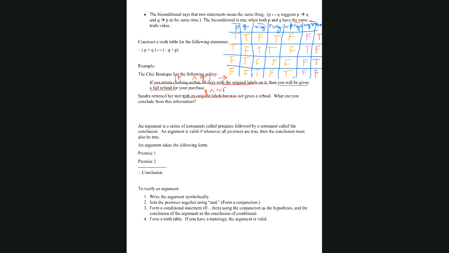So that means not P. That's what we can conclude, is that it wasn't returned within 30 days. So not P. And excuse my big writing, I'm trying to write with a mouse. There you go.